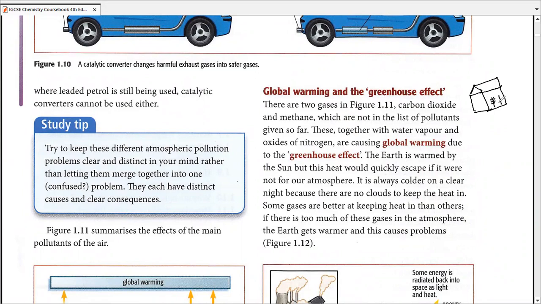Now, greenhouses are the houses that are commonly used in colder parts of the world. In colder parts of the world, the temperature is so low that it is almost impossible to grow any kind of crops. At this kind of temperature, it's very difficult to grow crops.